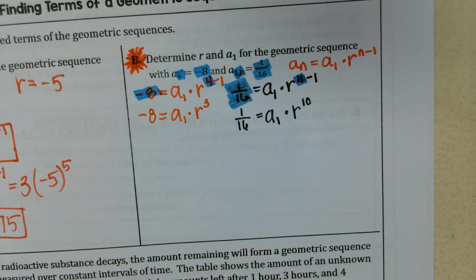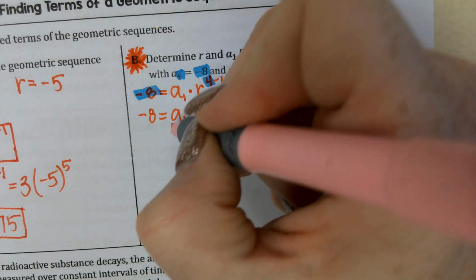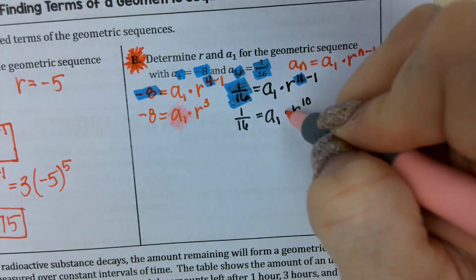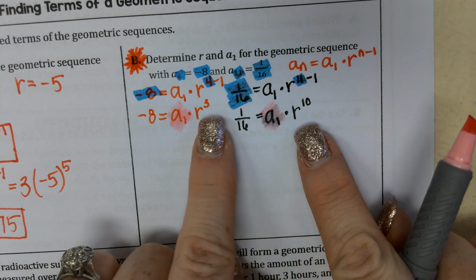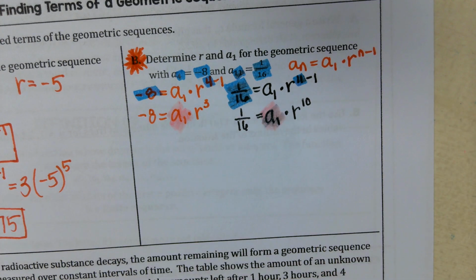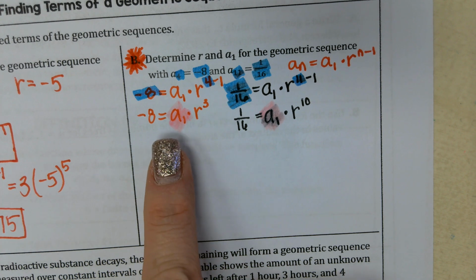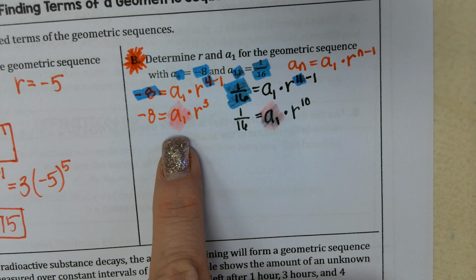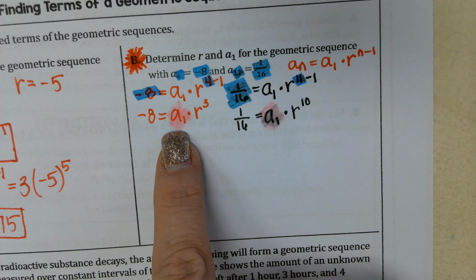The only thing that is exactly the same in both of my equations right here is the A1. The R's are not the same because they have different exponents. So this is what I'm going to do. I am going to rearrange this equation, and I'm going to solve for A1, okay?